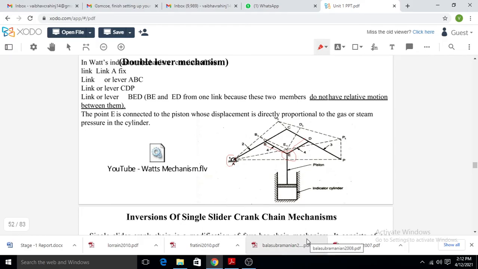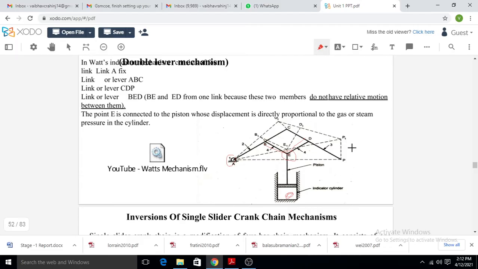The displacement of this point E is directly proportional to the gas or steam pressure in the cylinder. Means here steam is present, and due to this steam pressure, this piston will move up and down, or make the reciprocatory motion, and due to this reciprocatory motion, the other links will move.